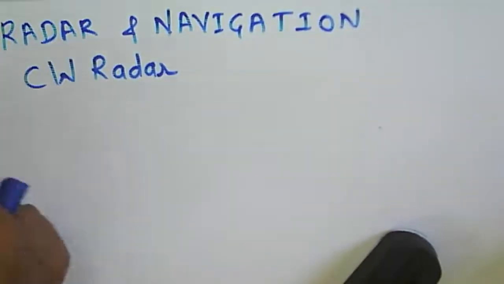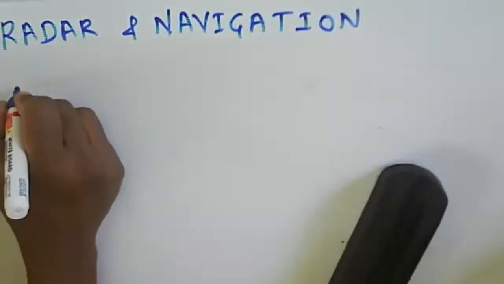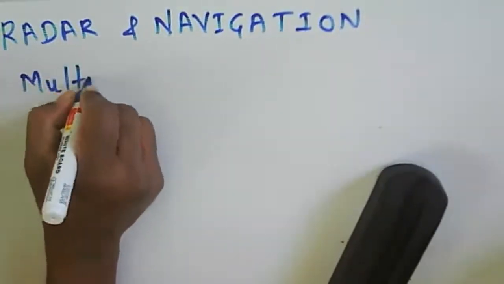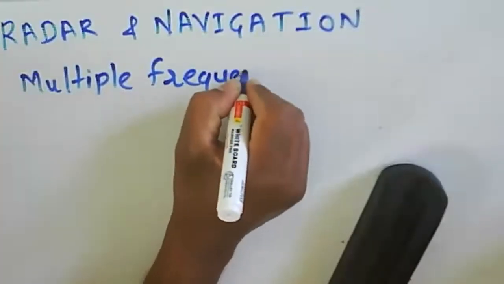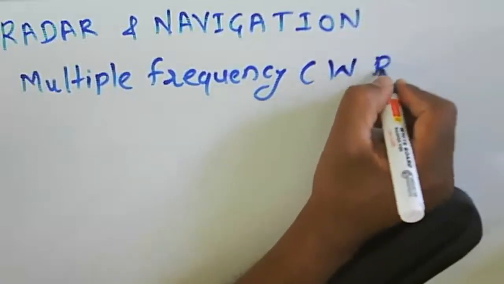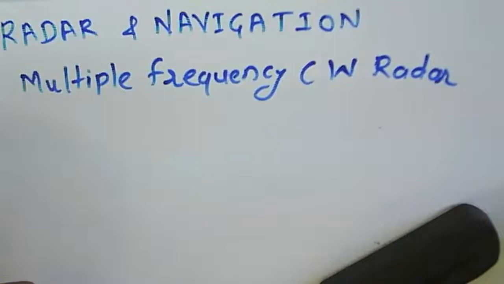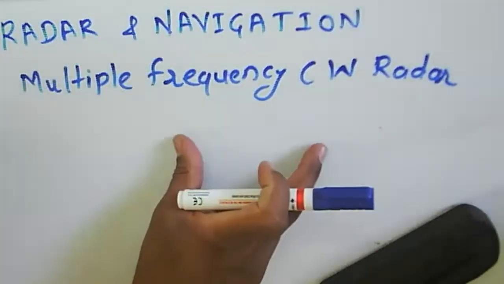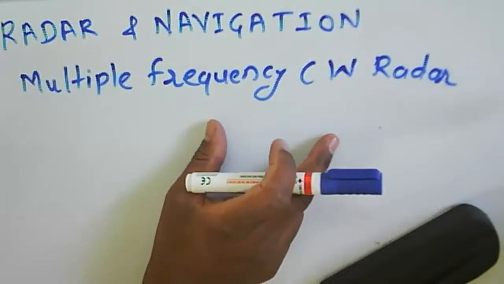But if you consider a multiple frequency CW radar instead of a CW radar, that multiple frequency CW radar can be used for the measurement of the range as well.